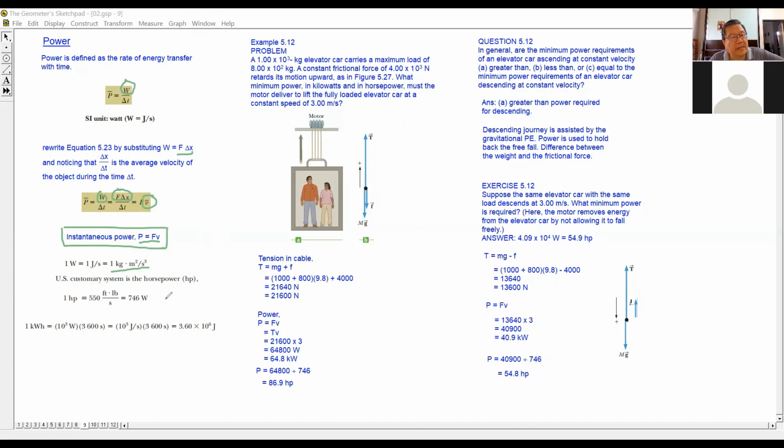Not only in the US, in engineering, they still use horsepower for power instead of watt. The conversion is 1 horsepower is 746 watt. If you look at the aircon at home, they are still using horsepower.